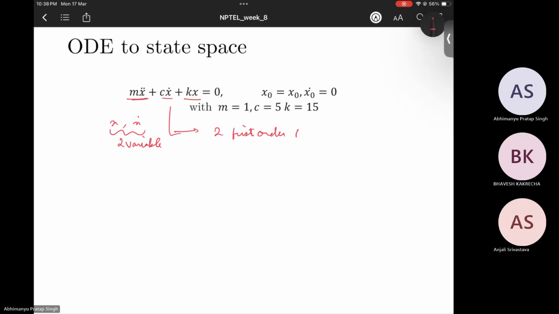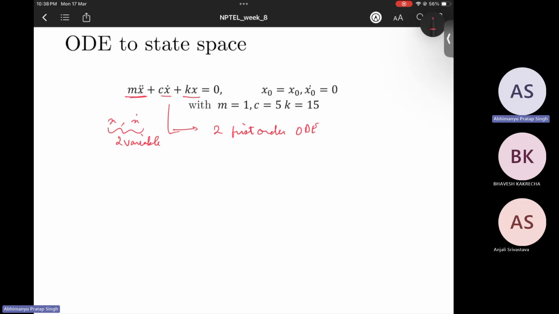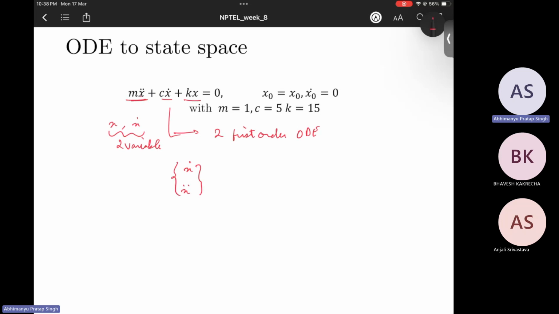So this ODE can be converted into two first order ODEs. The simplest way to do it is that we want x and x dot, so we will take x and x dot as our variables, giving the state vector.